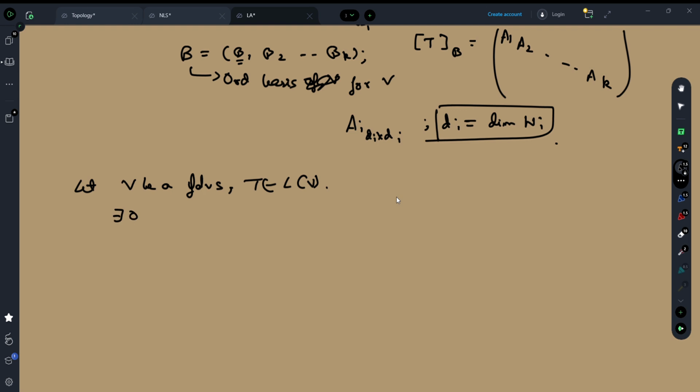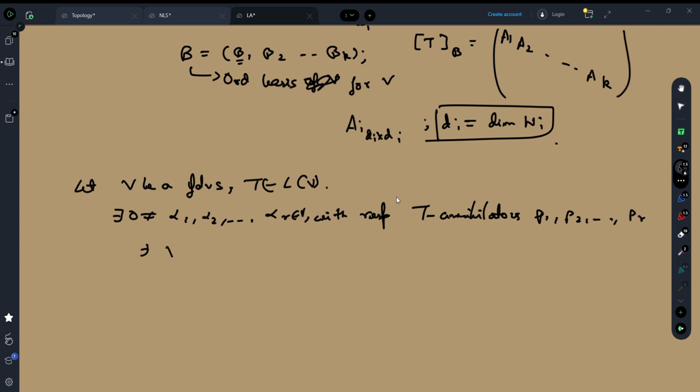That there exist non-zero vectors alpha 1, alpha 2 till alpha r in V with respective T annihilators, which we had named as P1, P2 till Pr, such that you can have a direct sum decomposition of V in terms of a T admissible subspace W0 and the T cyclic subspaces generated by each of these non-zero vectors.